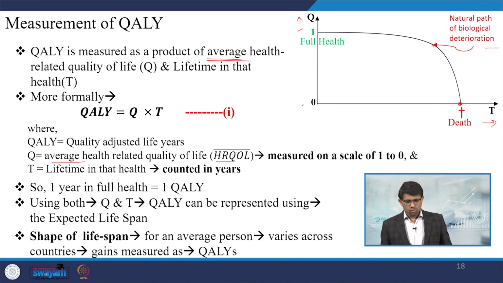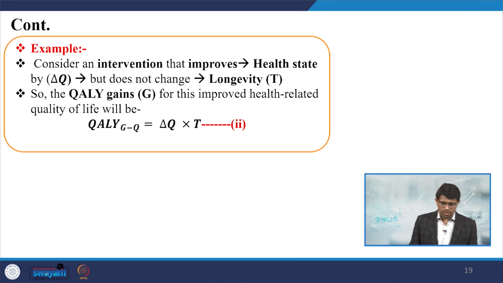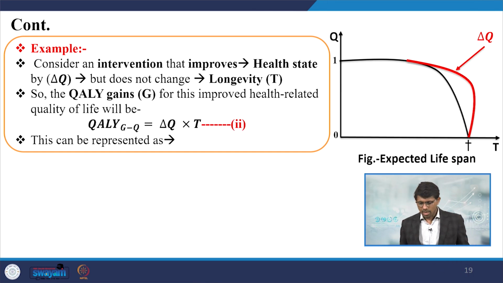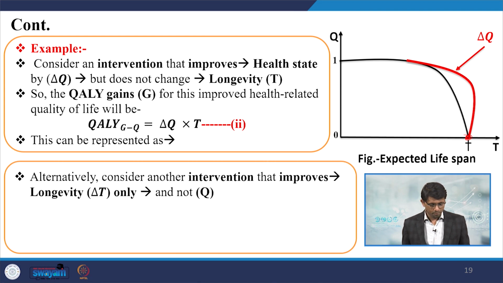Yes, so let us move further. Here is how it improves, given T. Once again, given that T is not changing when we intervene through the change in Q, our lifespan might actually be shifted and improved.